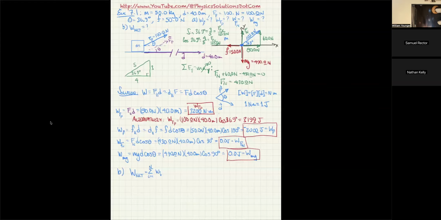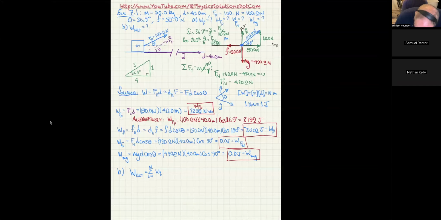In other words, every force that's acting on this object, W1 would be for force 1, W2 for force 2, W3 for force 3. However many forces you have, that might be a capital N, then all you have to do is add them all algebraically. Some will be positive, some will be negative, some will be zero. You sum them up, and that is W net.